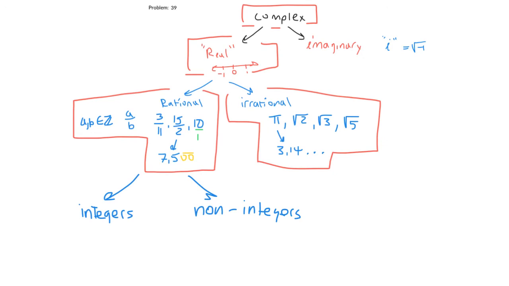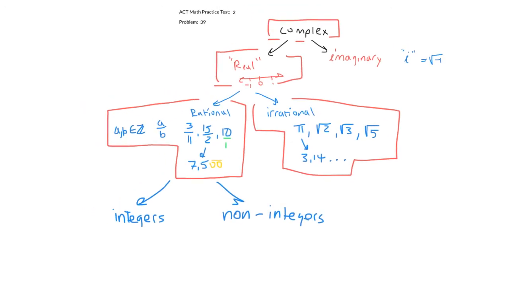Okay, now the integers, what do we mean by integers? Integers are, we can say, whole numbers. And what does that look like on a number line? Well, what that looks like on a number line is literally any of the tick marks on a number line, okay? Notice how 0 is included.